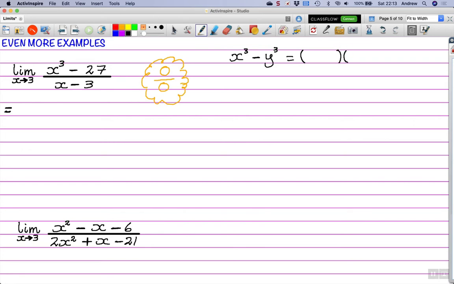So there are 2 brackets, and to get the first entry in the first bracket, the method is quite simple. We have to cube root this expression. So the cube root of x cubed, well, it really couldn't be simpler. It's going to be x.